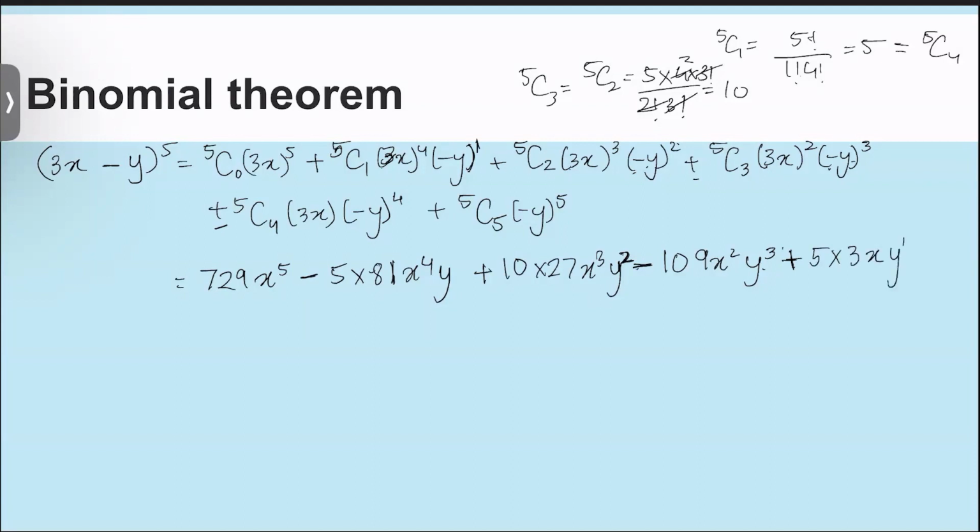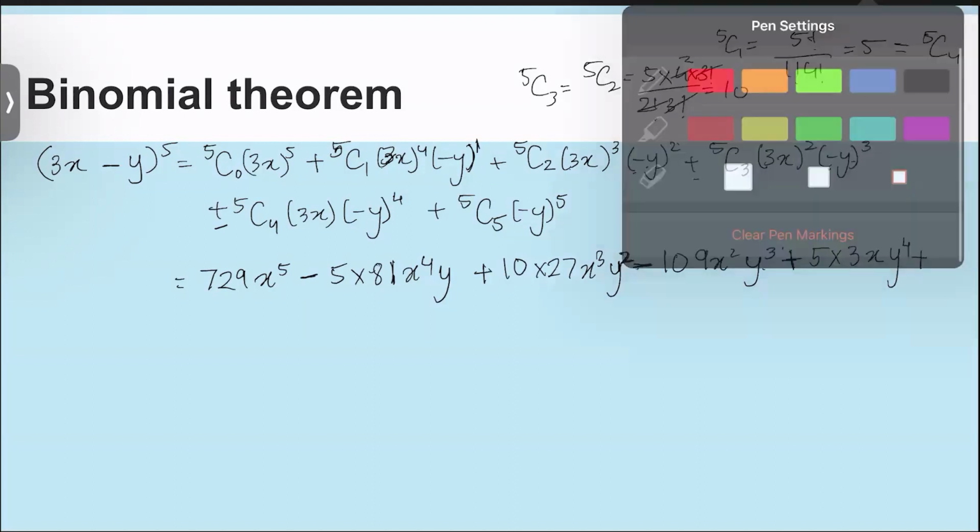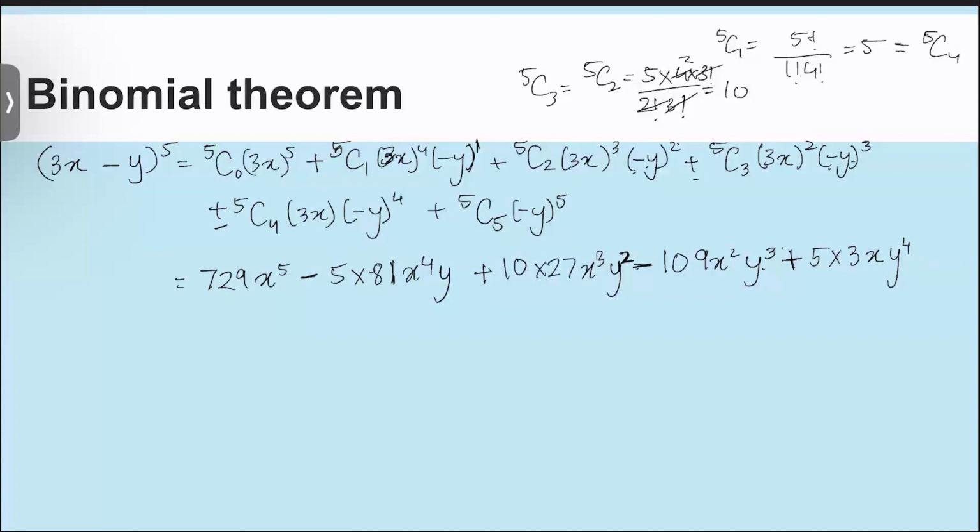Now y raised to 4. Okay. And the last one, you will have 5C5 is 1 and minus y raised to 5. Okay. So as you can see, the last term is, the minus y is raised to an odd number. So you will have a negative sign. So this sign will change. So this will be minus y raised to 5.